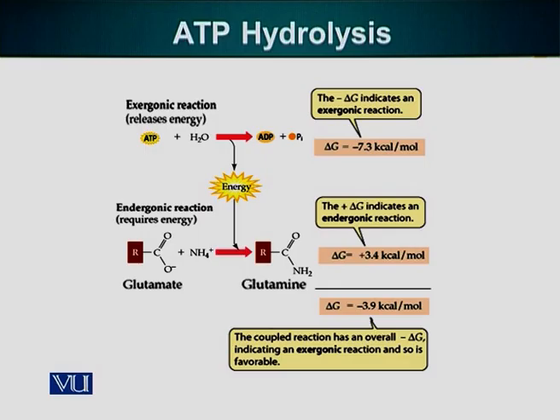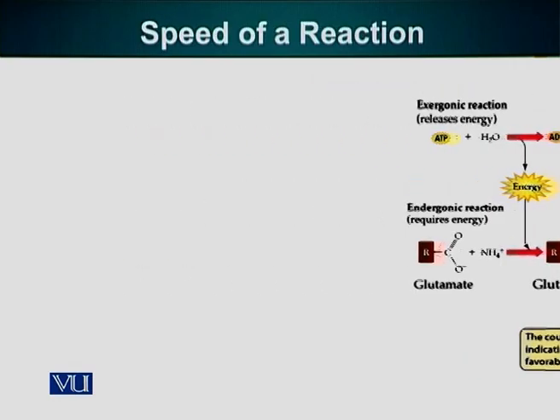So overall, the net change in delta G is minus 3.9 kilocalories per mole. We are basically subtracting 3.4 kilocalories from 7.3 kilocalories. If these reactions are coupled, remember, one is exothermic, the other is endothermic. One is giving energy out, the other is taking energy in. We can make these processes feasible.